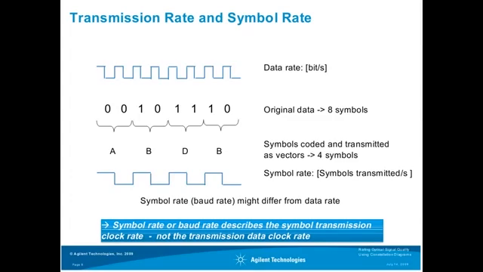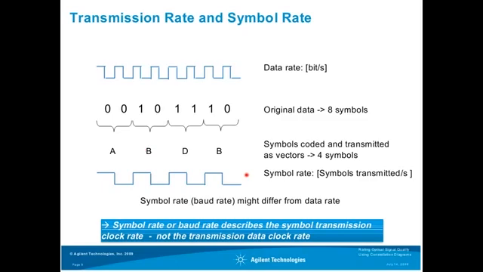Again, if we code this to symbols like A, B, C, D, we only need to transmit 4 symbols. It is very clear then that for transmitting only 4 symbols, it is sufficient to transmit with half the symbol rate, as we call it in this case.